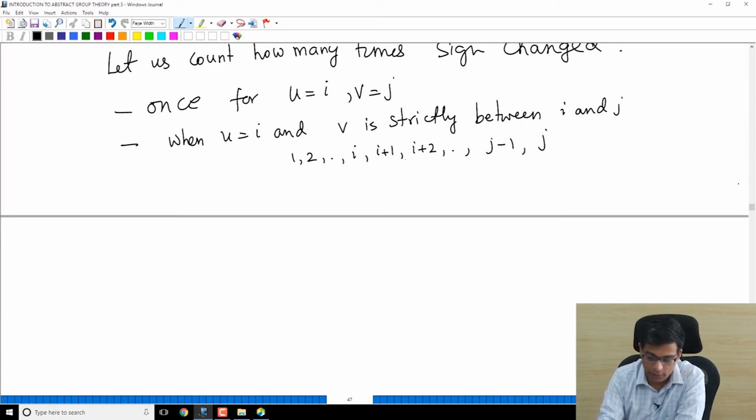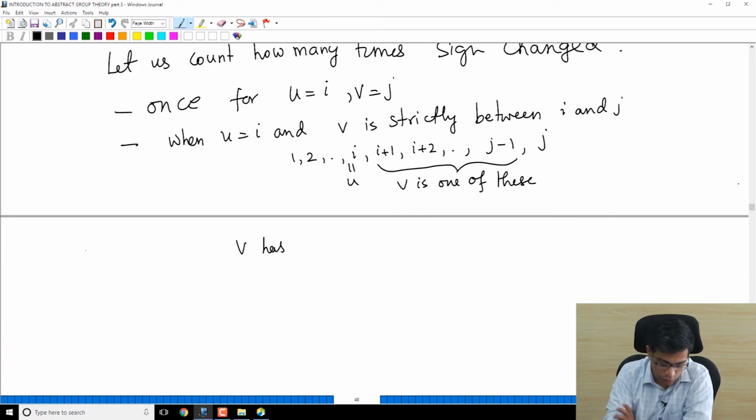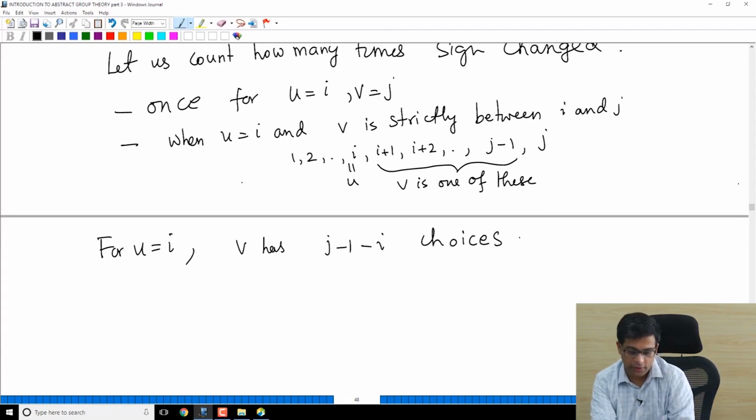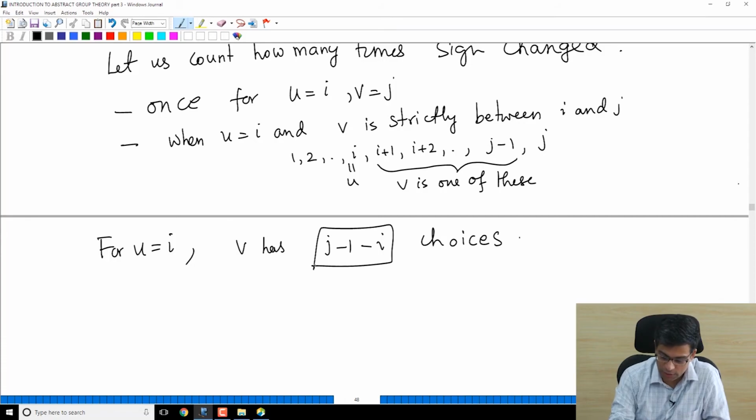So it has to be strictly between. V has to be one of these, right? How many numbers are there? So for u equal to i, v has j minus 1 minus 1 choices, right? You take the first j minus 1 numbers and remove the i that v cannot be. So there are these many choices.